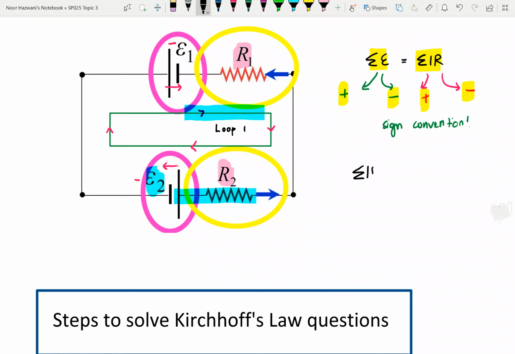Summation EMF kita adalah sama dengan summation IR. Jadi, bila kita nak masukkan EMF 1, so dia akan jadi negatif EMF 1. Negatif, okay. EMF 2 juga negatif.